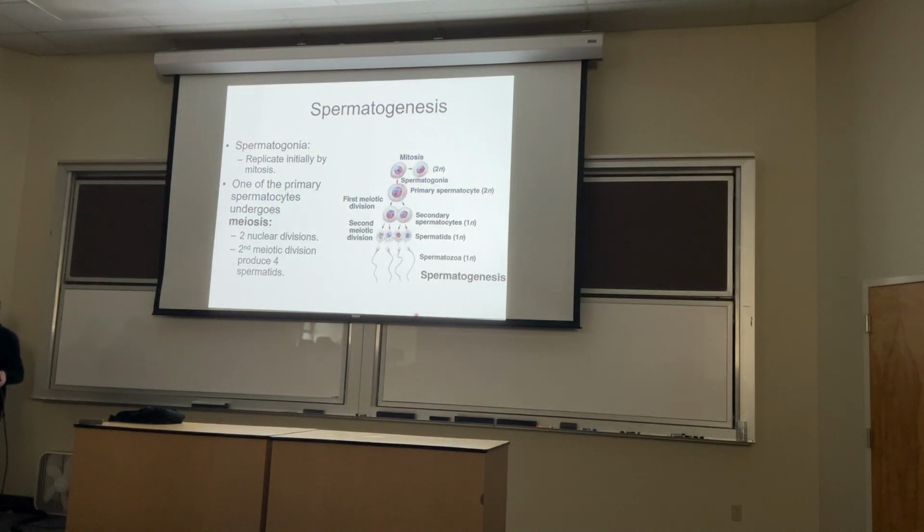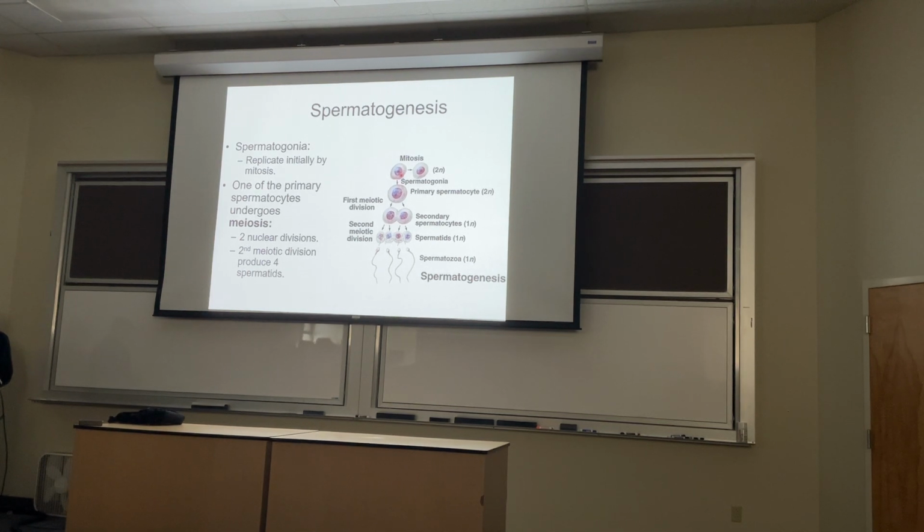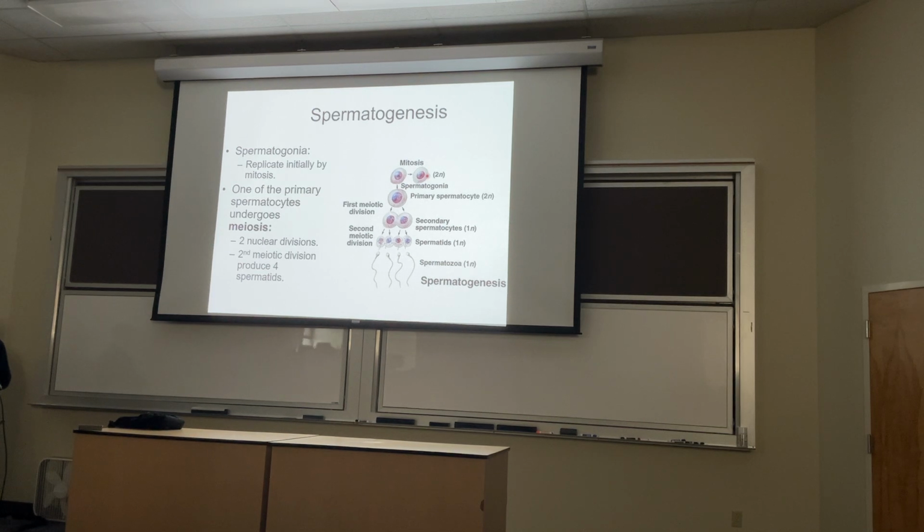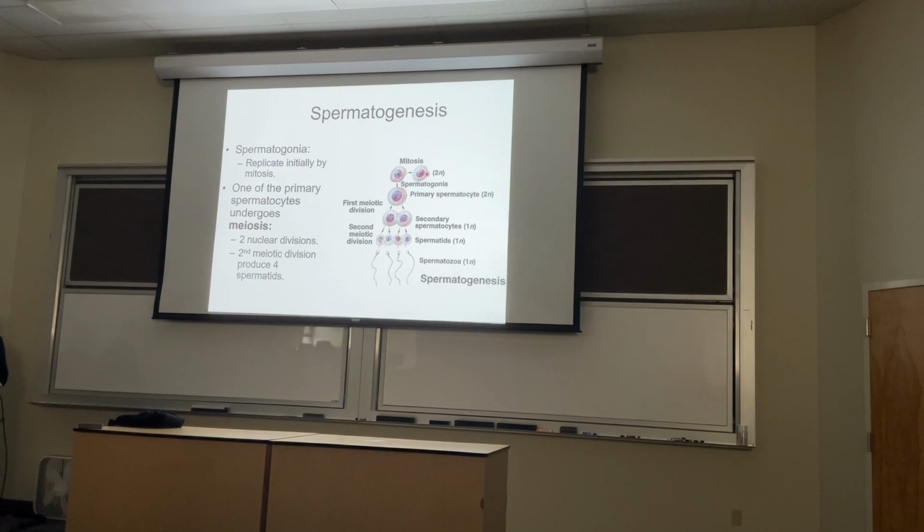Just a quick reminder, the stem cells, the undifferentiated cells, are called spermatogonia. Spermatogonium is singular, spermatogonia plural. They can divide and increase in their number by mitosis, in other words, simple cell division.